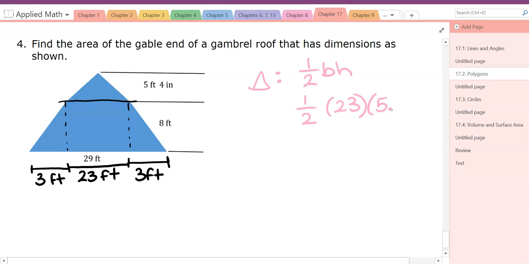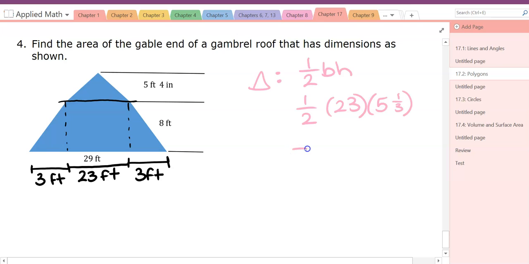Think about how many inches are in a foot. 12. So what would be 4 over 12? 1/3. So 0.33 like you said. So in case you didn't understand where that came from, you're taking 4 over 12, reducing it, which is 1/3. So 5.3 repeating, or if you want to keep it 5 1/3, you can.